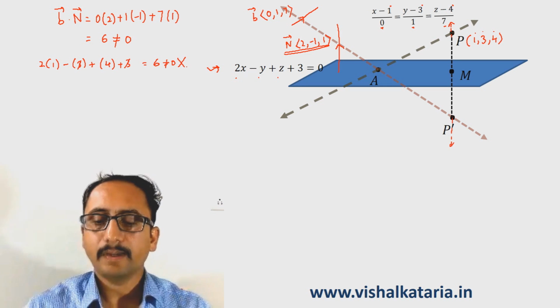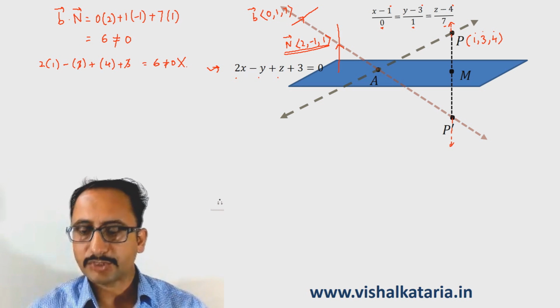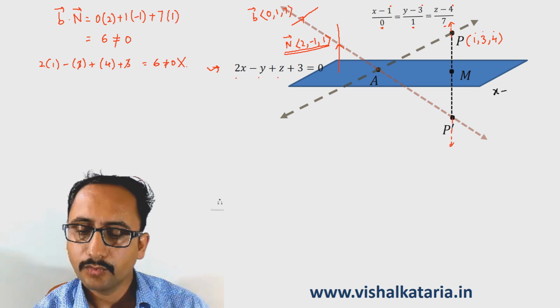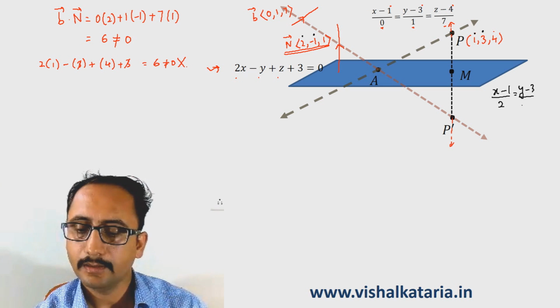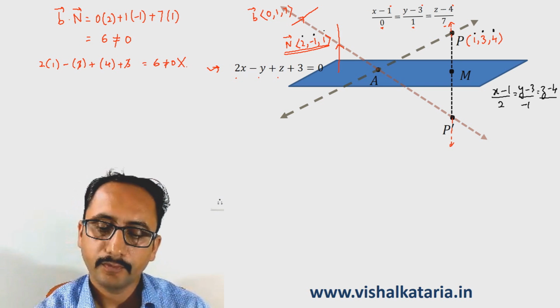I have a parallel vector and a point on line PP dash, and using this we get the equation of this line: (x minus 1) upon 2 equals (y minus 3) upon minus 1 equals (z minus 4) upon 1.